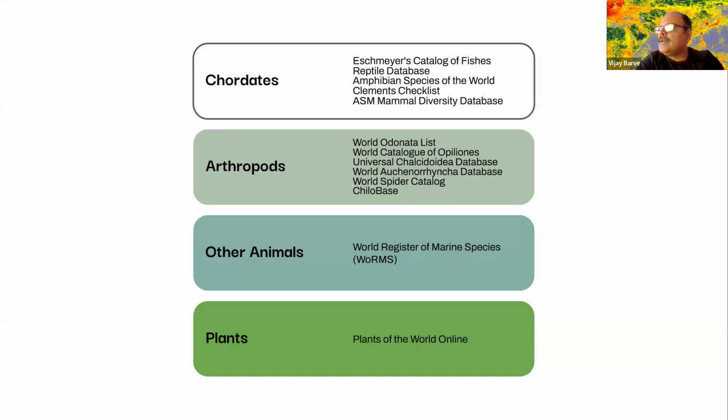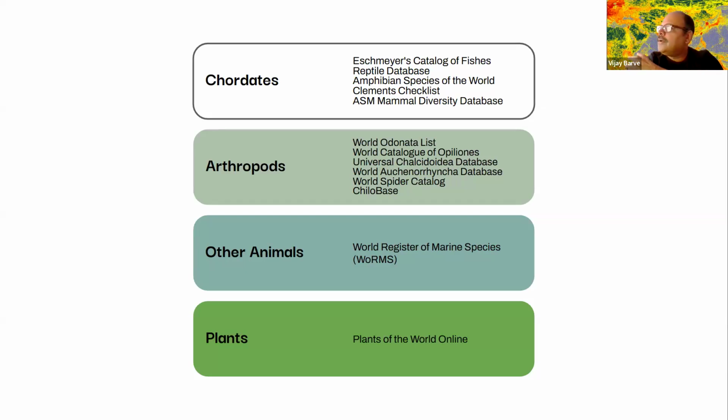For example, for all the vertebrates, there are these world-level databases. A lot of you might be familiar with the Clements checklist for birds, the ASM Mammal Diversity Database, Amphibian Species of the World, maintained by the herpetologist groups, the Reptile Database, or for fishes there is this catalog.